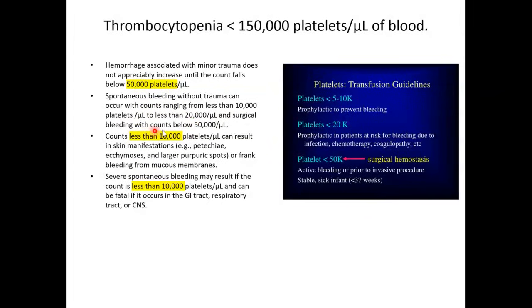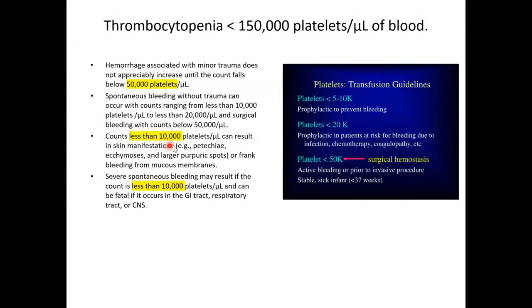But surgical bleeding occurs with counts less than 50,000. So we can have some spontaneous bleeding in a patient when trauma doesn't even come into play, and we do become a little concerned when platelets get below 20,000, okay? So there could be some prophylactic transfusion in patients who have a risk for bleeding when their platelets get to be 20,000. But if it's a surgical patient, we become concerned if their platelets get less than 50,000, okay?